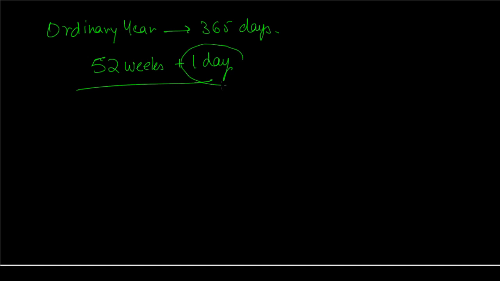That 1 day can be either Sunday, Monday, Tuesday, Wednesday, whatever. That is why, with 365 days and 52 weeks, the probability is 1 by 7. Yes, Bazinga Punk is right, it is 1 by 7. So the probability of any Monday, Tuesday, Wednesday, whatever you say, will be 1 by 7, because it can be any one day.